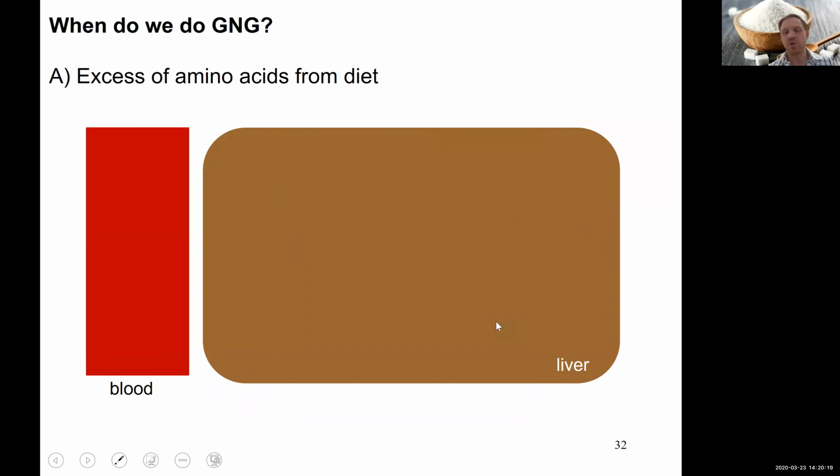So when does this occur, and how does this potentially work, right? So you could imagine different scenarios, and there are different outcomes of this Curie cycle under these different scenarios. So one that I want to present here is, for example, the excess of amino acids. So for example, you just had a big T-bone steak, you ate a lot of protein, you're bringing in a lot of amino acids, your body wants to deal with it, right?